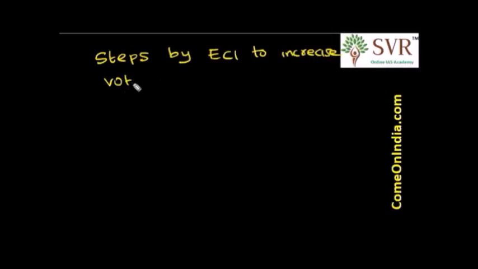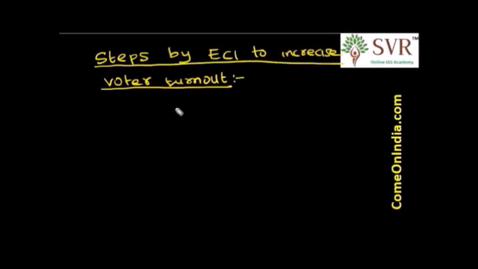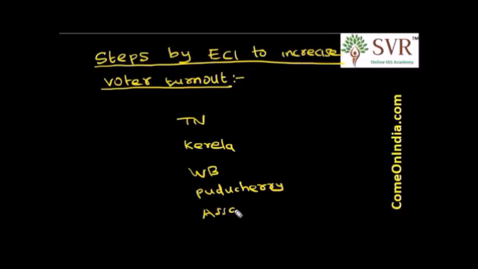Now let's discuss various steps taken by Election Commission of India to increase voter turnout in elections. As you may be aware, elections to the legislative assemblies of Tamil Nadu, Kerala, West Bengal and Puducherry as well as for the state of Assam were held recently and results were announced.